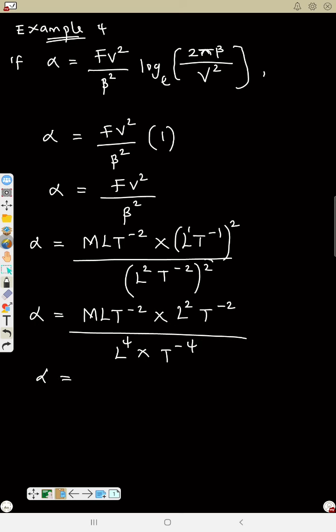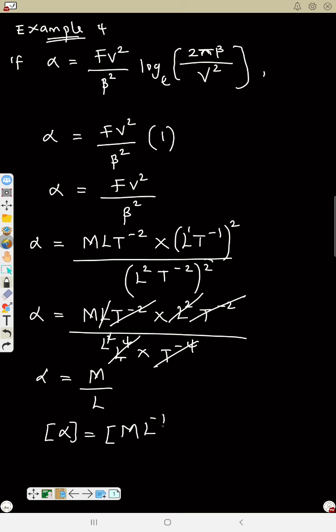We have L squared here, it will cancel out this one. This will remain L squared because 2 of it will go. Now T raised to power minus 2 minus 2 will be T raised to power minus 4, and it will cancel out. So 1 L will go, 1 L will go, and everything that remains is M over L. So the dimension of alpha is M L raised to power minus 1. So that's the dimension of alpha.